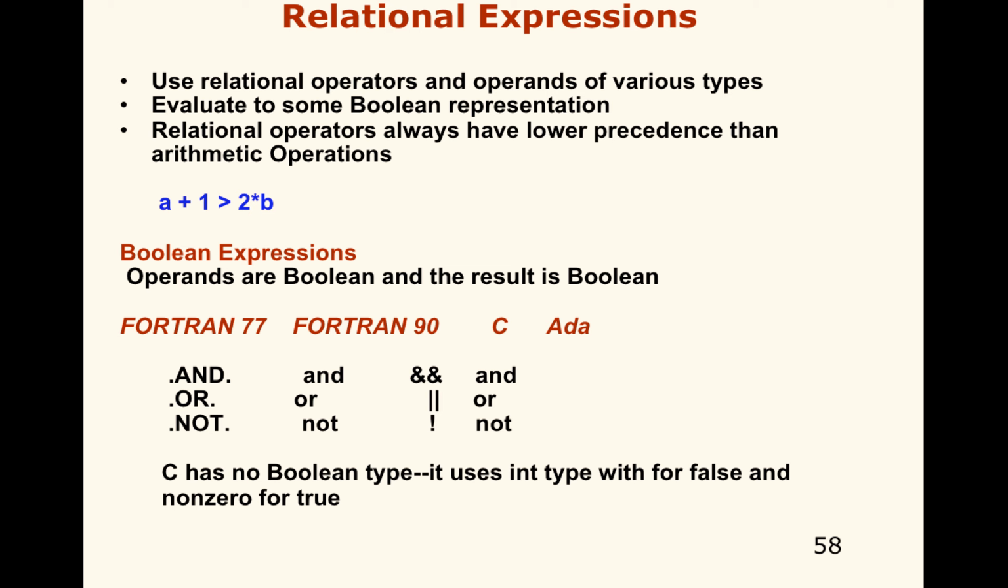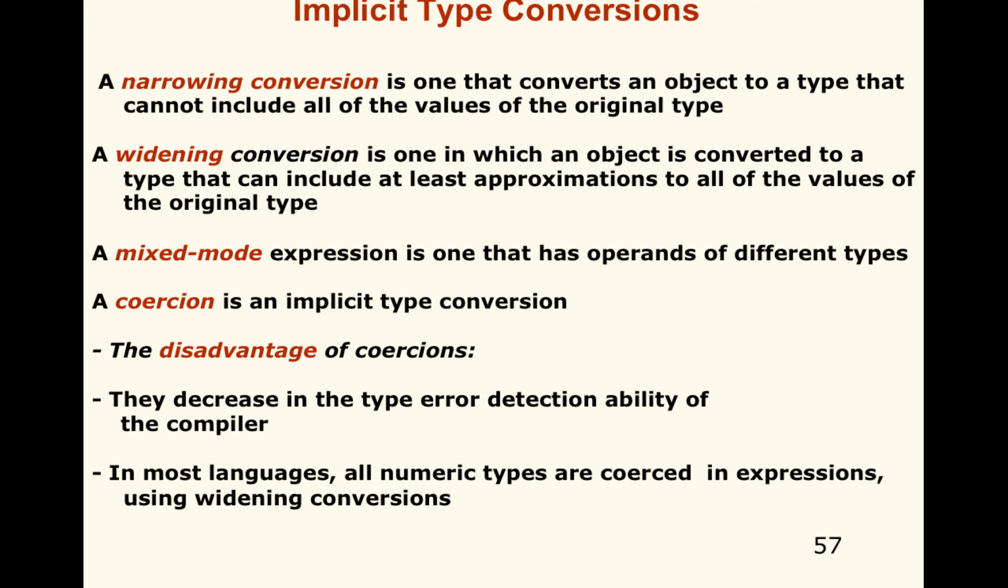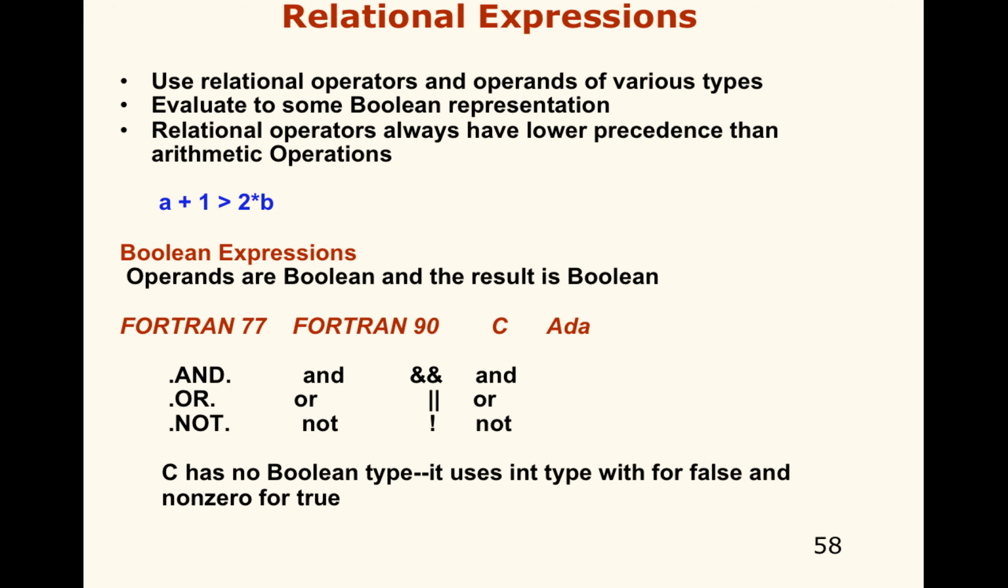You want to know what the concept of a relational expression is, and the concept of a relational object. And on a side note, C doesn't have a Boolean type, but Java does actually have a true Boolean, like it has a true string as well.